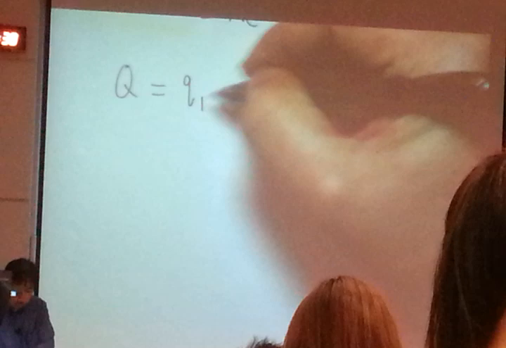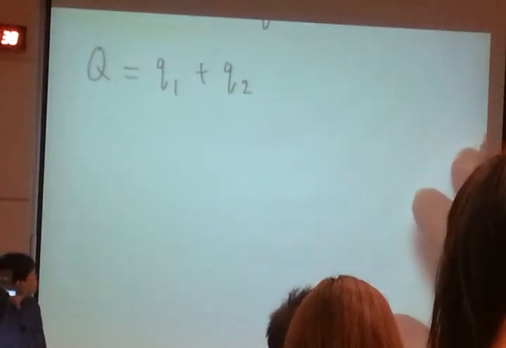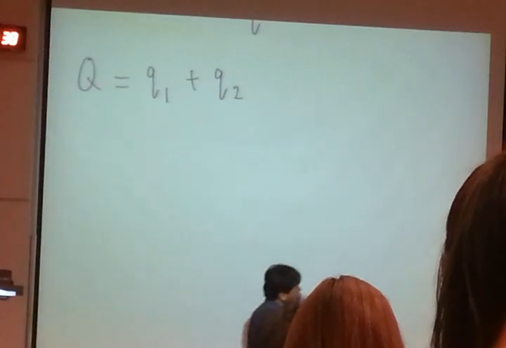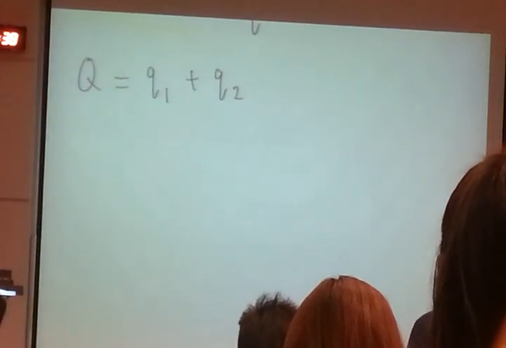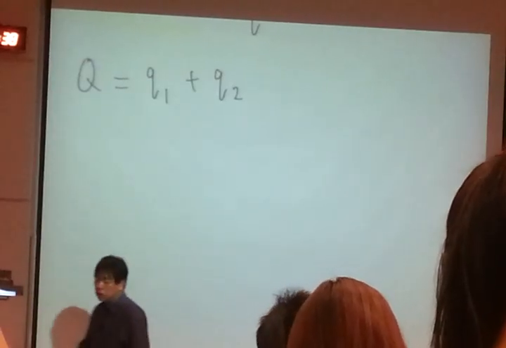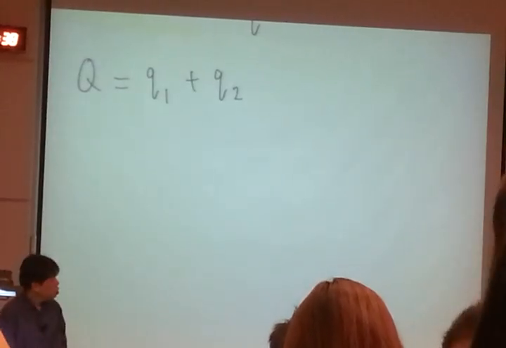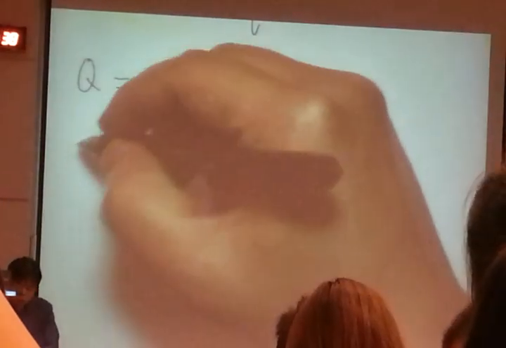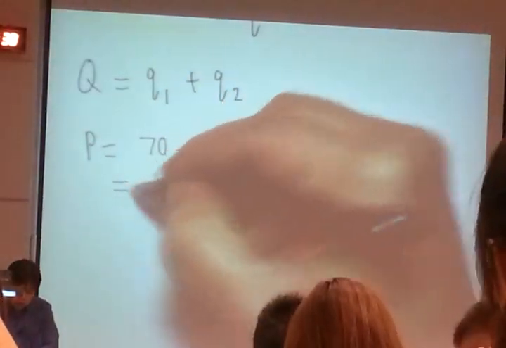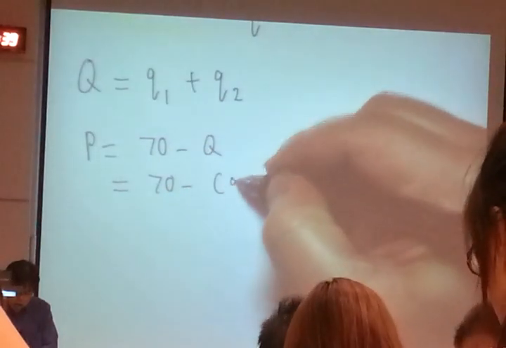It's the sum of all the firms' output. So I think you can see from there. Your price is 70 minus this. So that's why it's 70 minus.